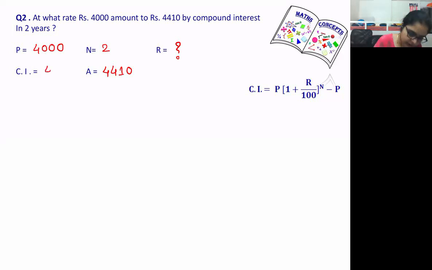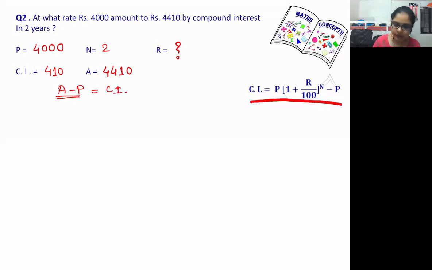Correct. How did we find it out? Amount minus principal, right? This was compound interest. Now, we can put all values in this formula and find out the rate of interest because everything else we know.